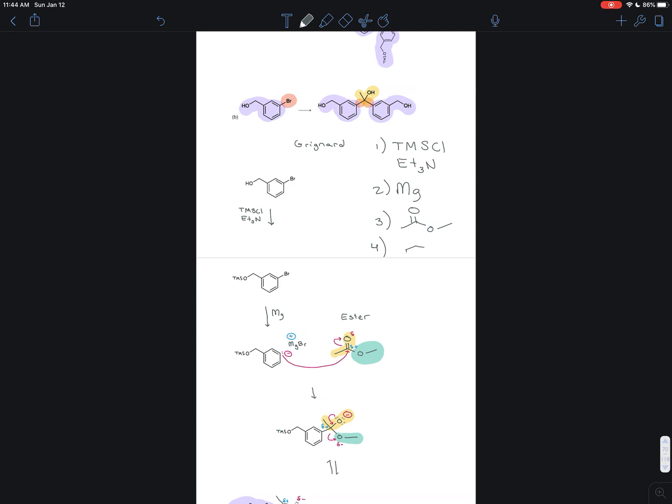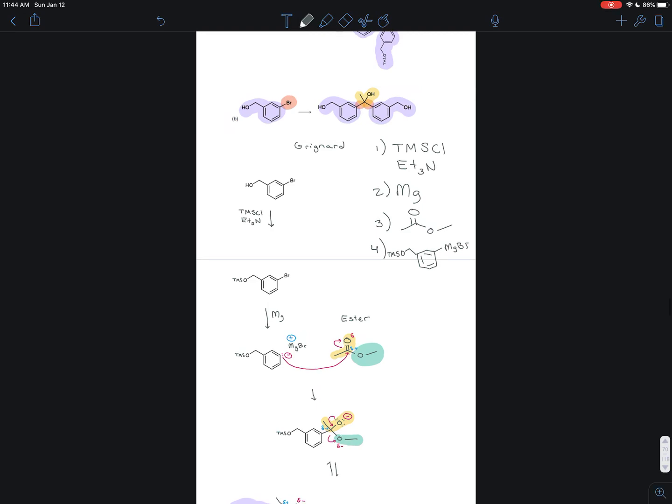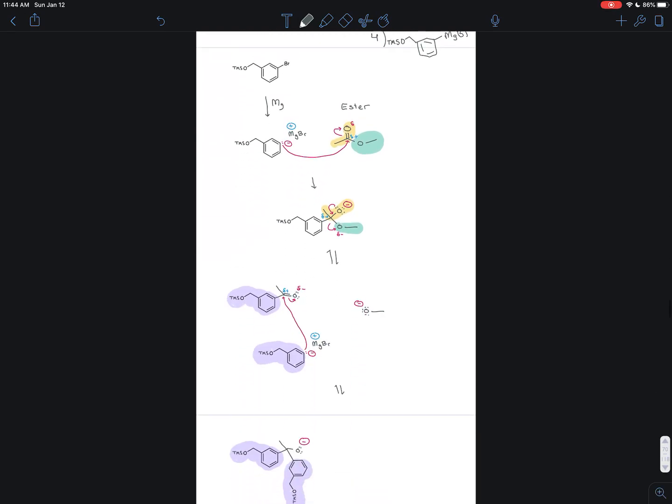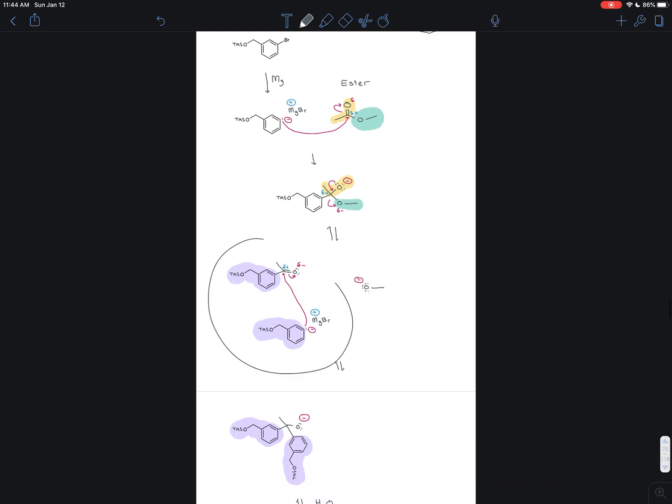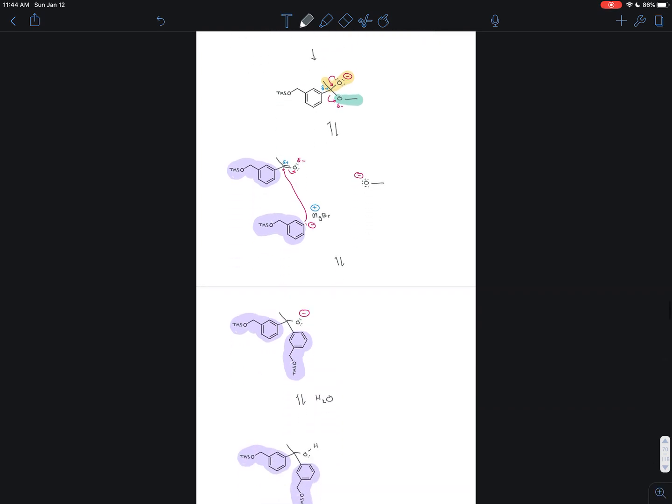It's the second equivalent of our Grignard reagent, and that would attack the ketone that we form.